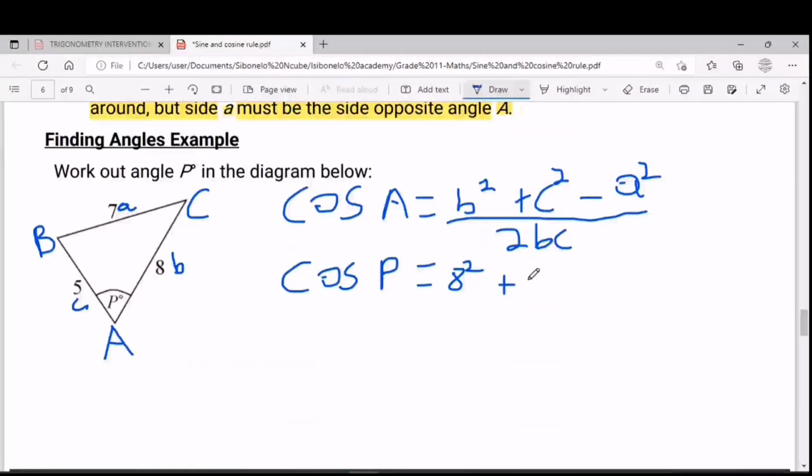So no 5 squared minus A, small letter A, 7. So now leli side the opposite angle lesifunayo it's A over 7 units. So 7 squared, all over 2B, that is 8, C, that is 5.